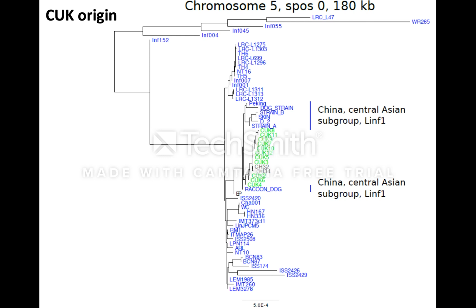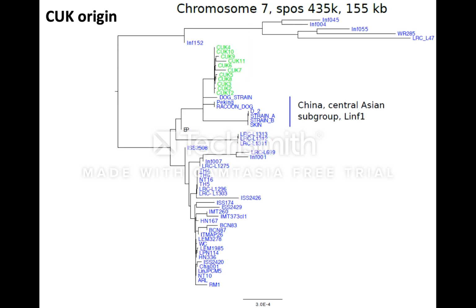So you can see these strains like the dog strain and raccoon dog that are sampled from China, where we see segments of the DNA of the Cukurova and Cypriot strains fit inside a phylogeny drawn for representative samples. Not all segments of DNA have the same picture, but they appear to be very closely related to parts from China. So somehow they have segments of their genome that show very strong signals of common ancestry.